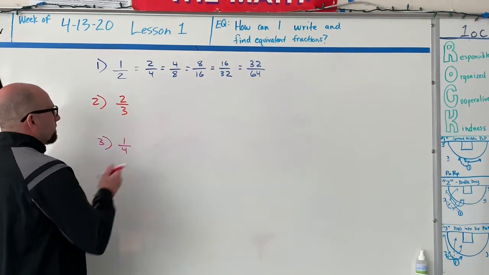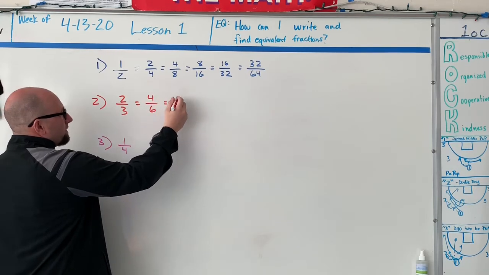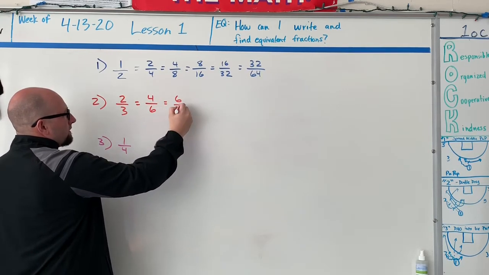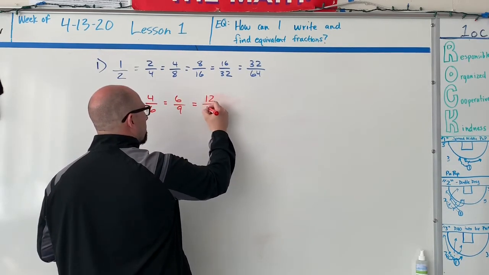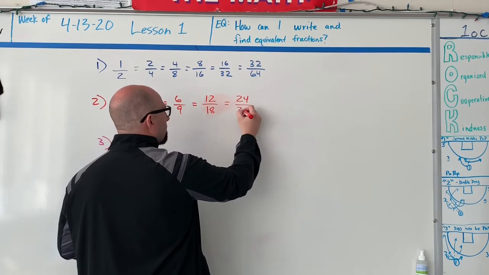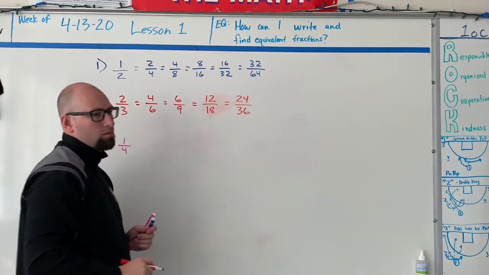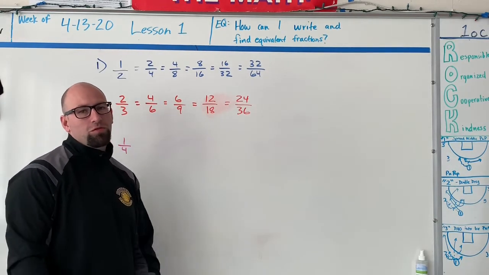Okay, on this one, we'll go 4/6, 6/9, 12/18, 24/36. Those are all equivalent.